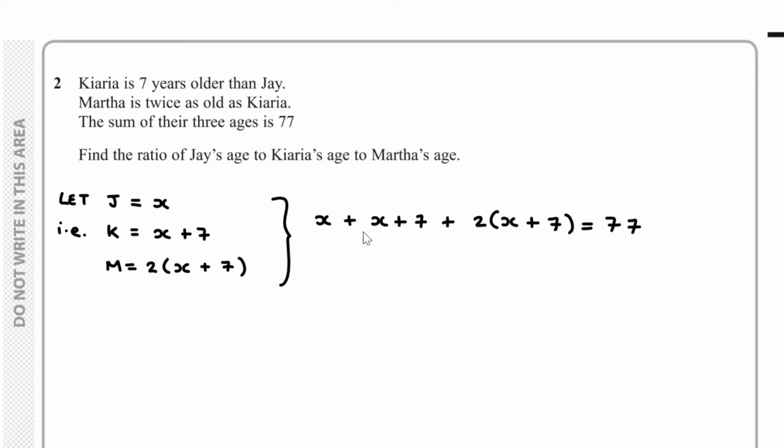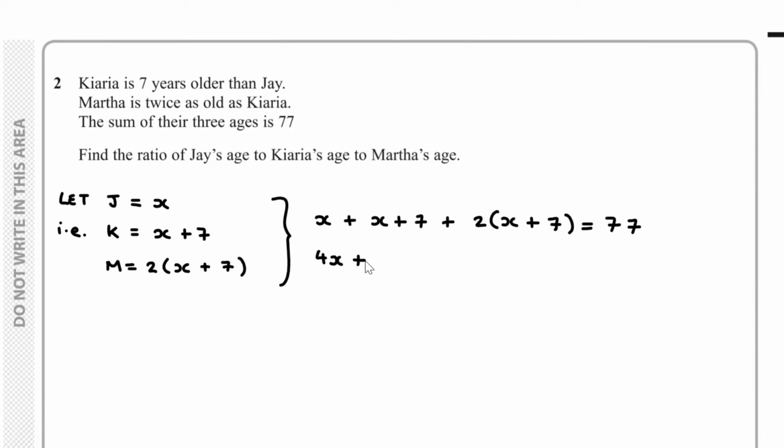And if we find out what x is, that will enable us to find out J's age, k's age, and m's age. So we've got x plus 2 lots of x, that will be 4x, and then we've got 7 plus 2 lots of 7, that's 21.